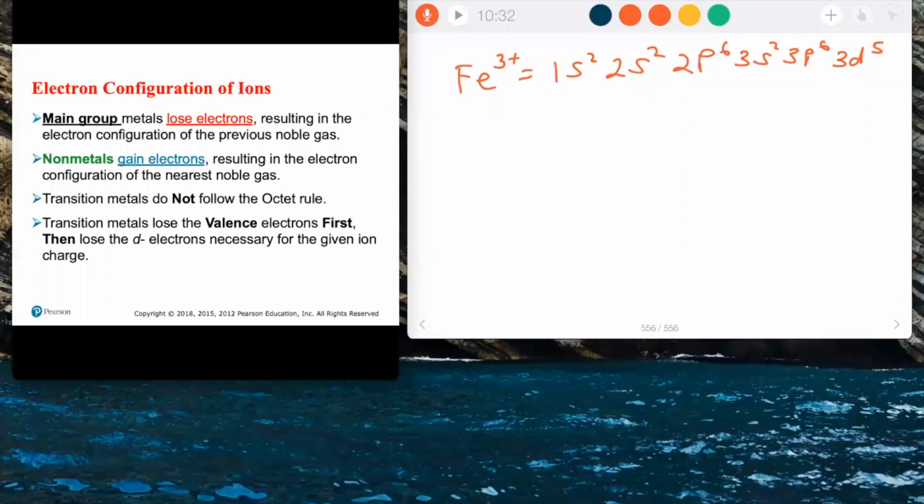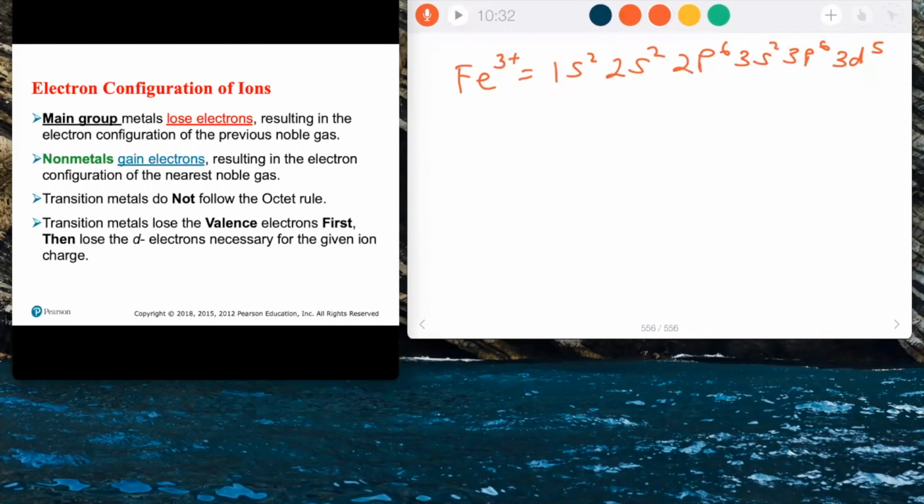That's the pattern you follow in dealing with transition metals. We do not follow the octet rule. Transition metals lose valence electrons fast, and remember valence is that which is lost, then the d electrons.